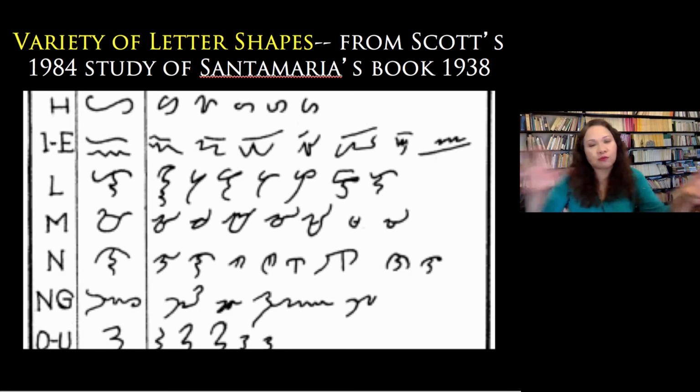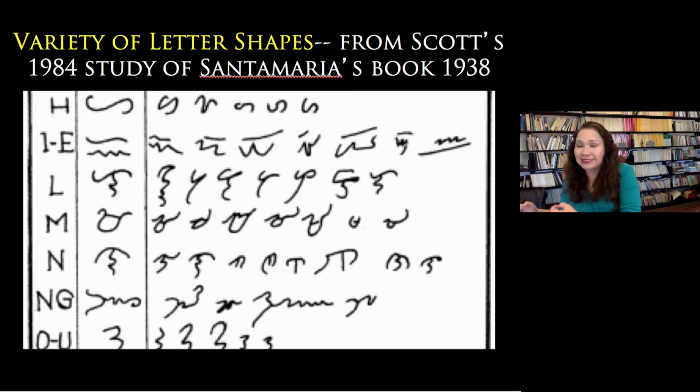Okay, but what we're trying to say here is that even if there are these letter shapes that we know of today, if we look at different sources of Baybayin, you would sometimes have variations.